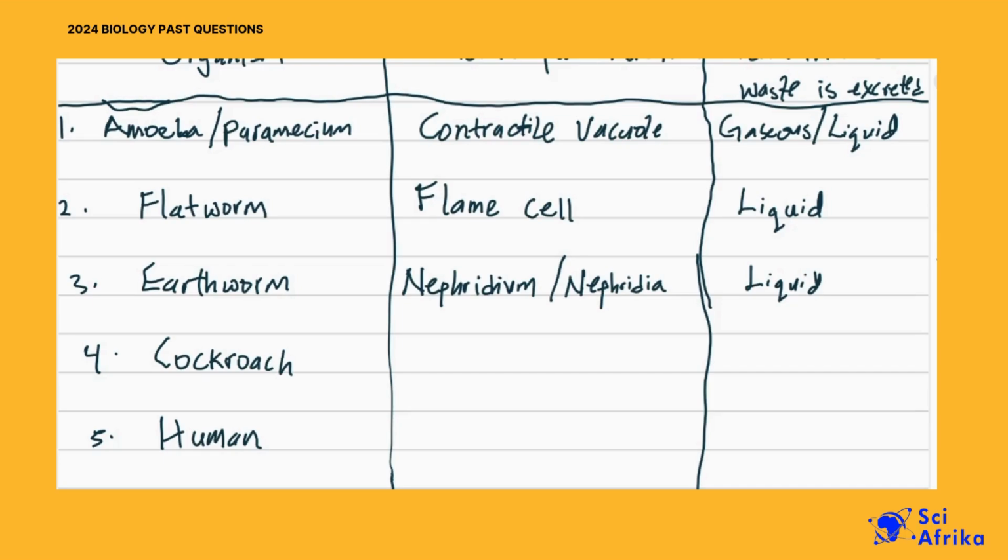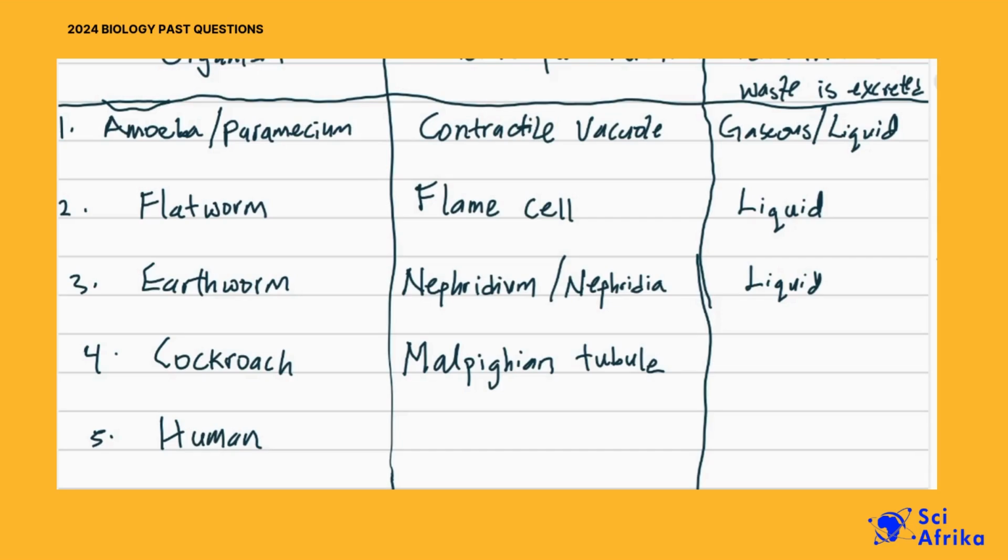So let's go down to cockroach. Cockroaches use a structure called Malpighian tubule. For the sake of the WAEC examination, we advise students to spell correctly, because WAEC is actually particular about you spelling those terms in biology correctly.